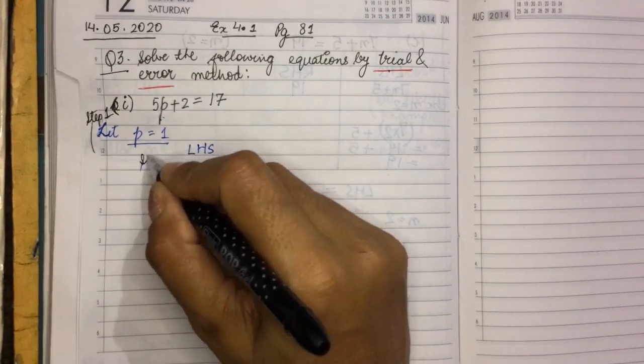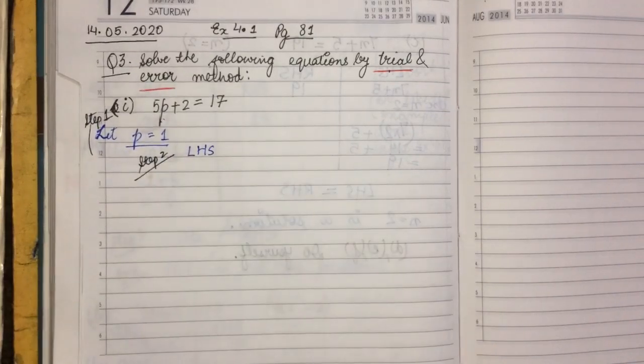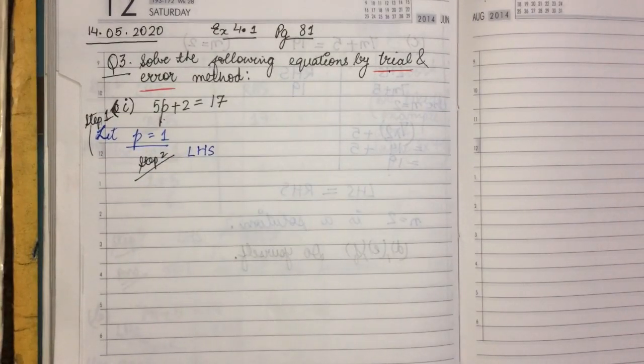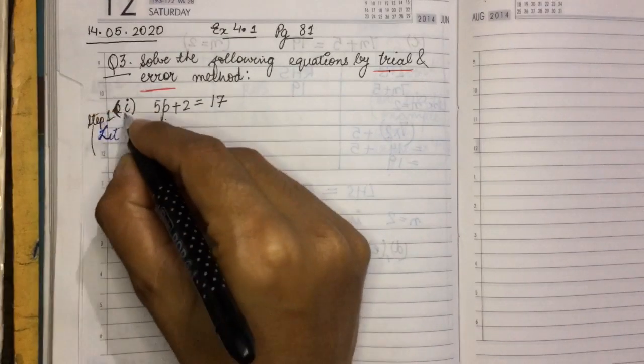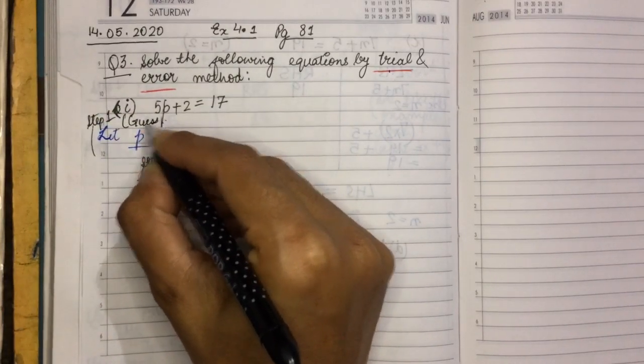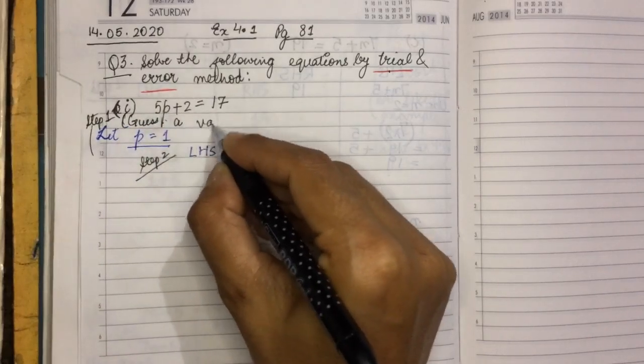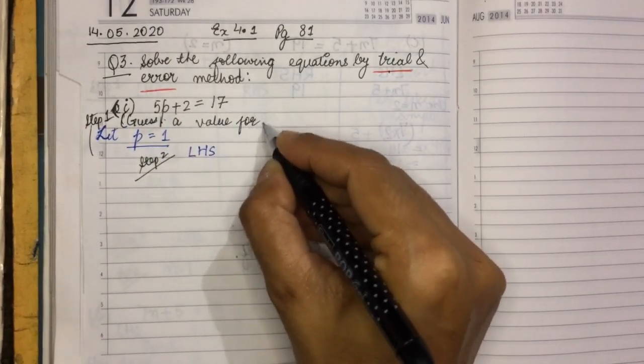Then step number 2 is to check whether your answer is correct or not. I'm going to write it down for you. You don't have to write this in the exam. So the first step is guess a value for p.